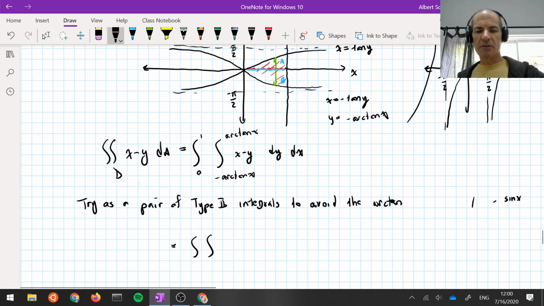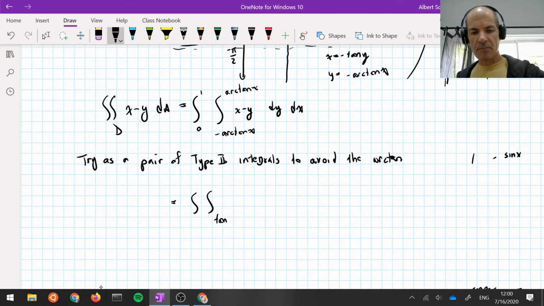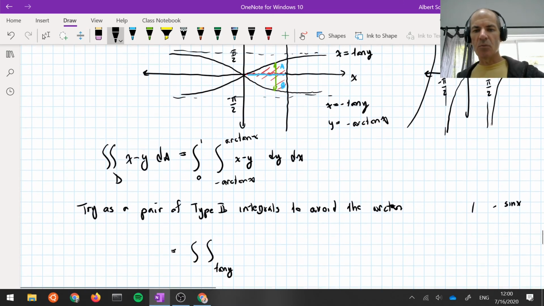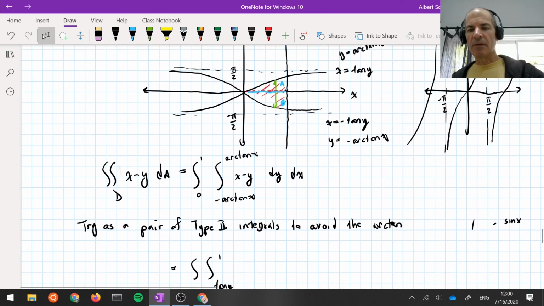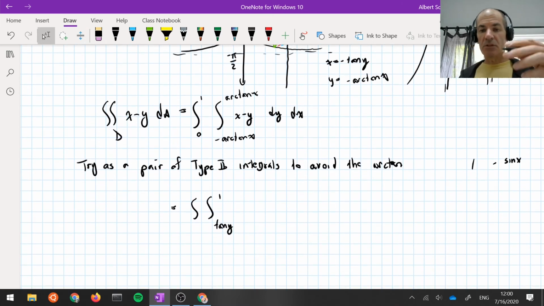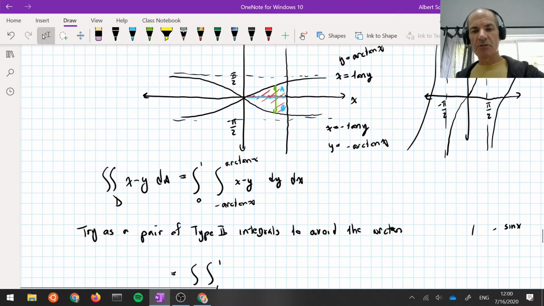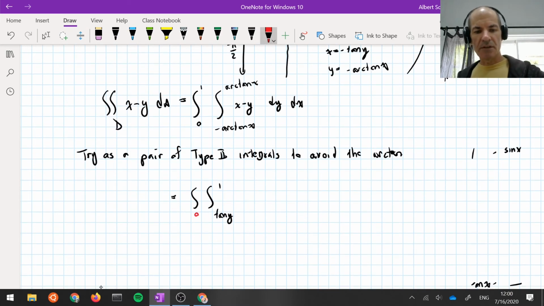The lower curve is tangent of y, and the upper curve is 1. And then if we take this thing and smash it down onto the y-axis, if x is 1, what's y? You might remember that's pi over 4. That's where sine and cosine are equal. So if we smash this down onto the y-axis, we're going to stop here at pi over 4. So the limits here are 0 to pi over 4.